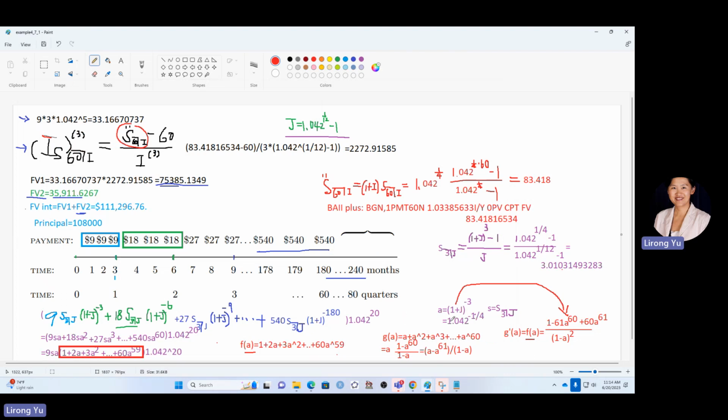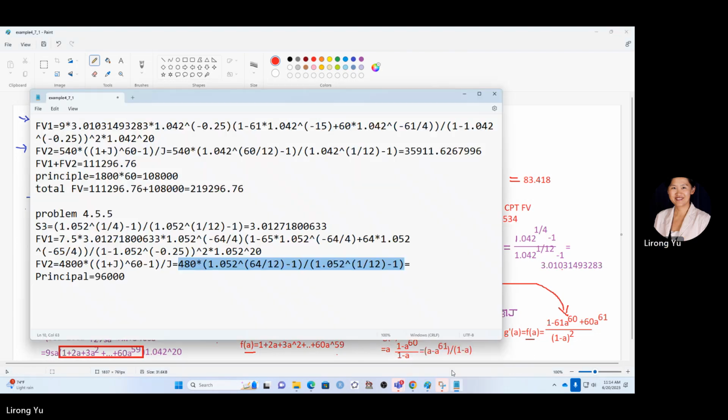A is 1.045 to the negative. Oh yeah, this one was the problem. Okay, so it's 0.25, negative 0.5. Right, let's correct that.